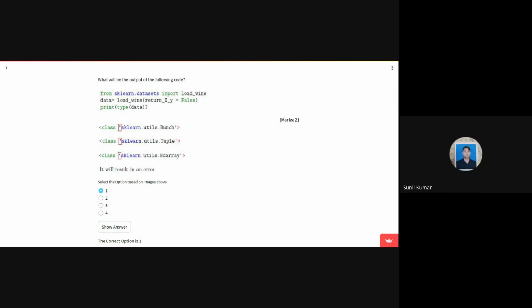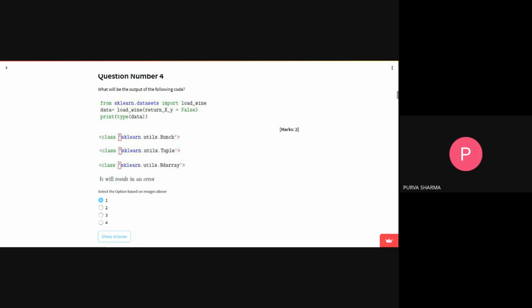Can you repeat it? If it is true, return X underscore y, that should be a tuple. Then instead of data, we'll specify X and y there. X will contain all the features and y will contain the target vector. Okay, in this case, when it returns a bunch, if I want to access the features, it is bunch.data, right?